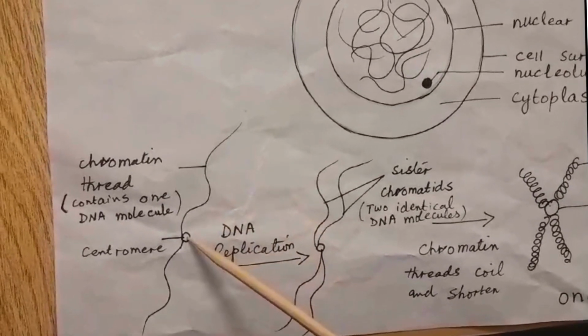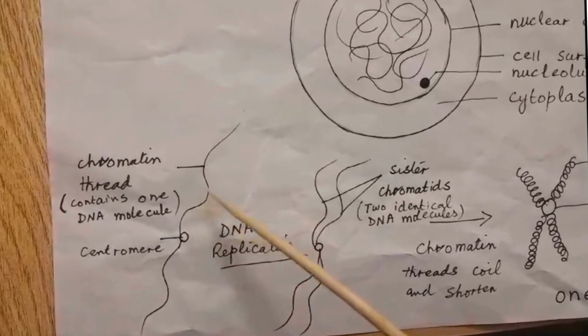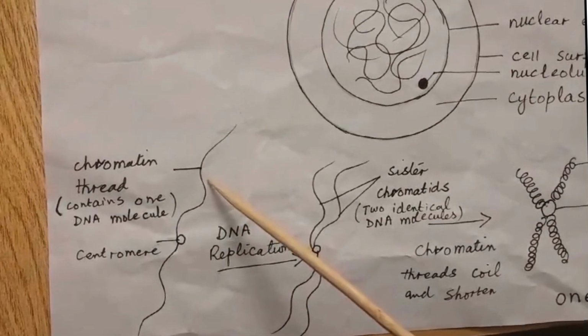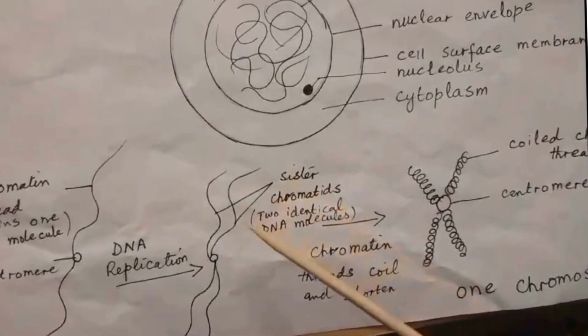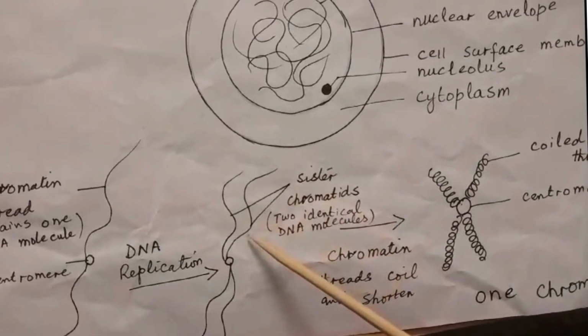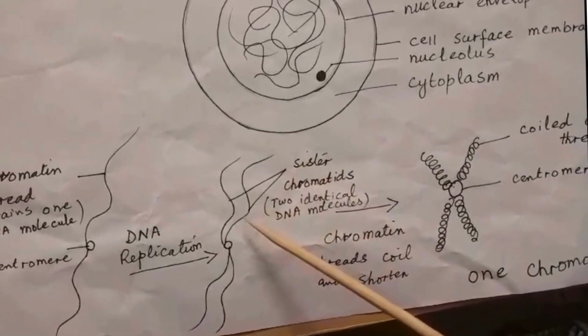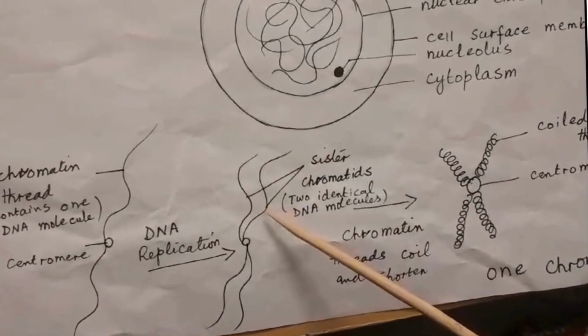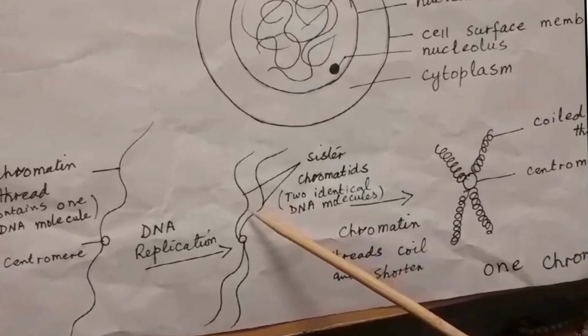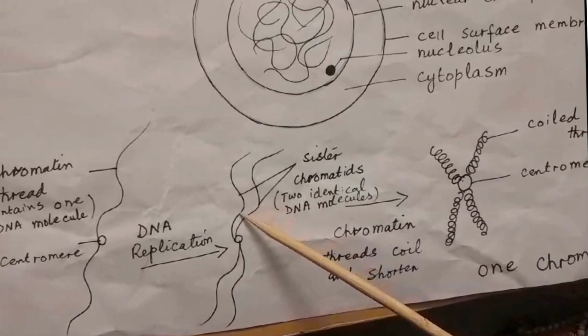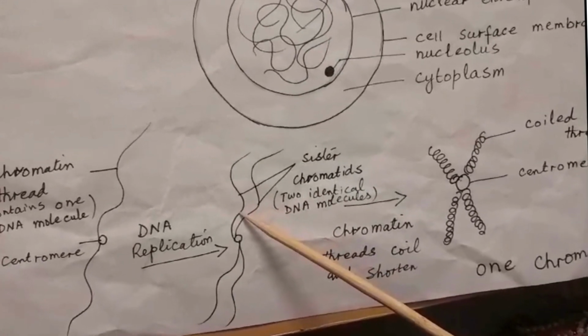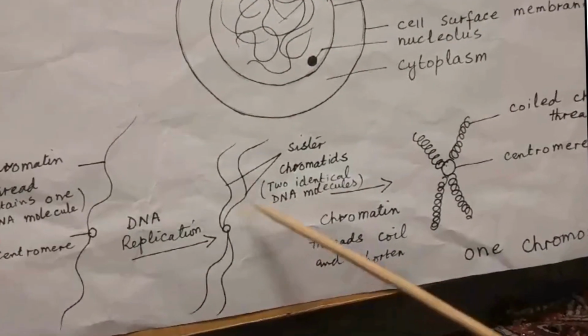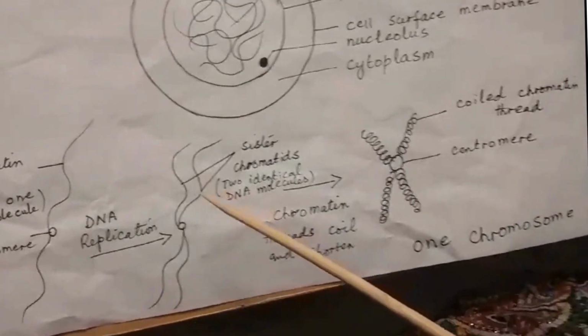It has the central part called centromere. Just before cell division in the interphase, the replication of chromatin thread or DNA takes place, and an exact copy of the DNA is made, which are called the sister chromatids.